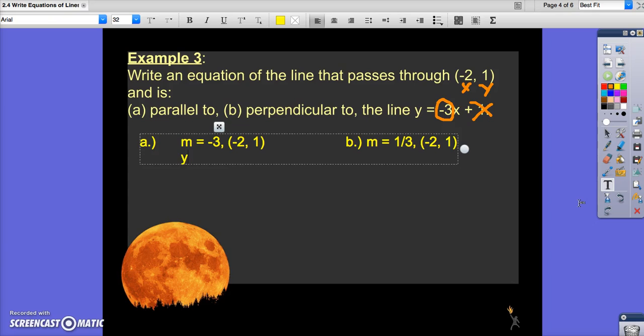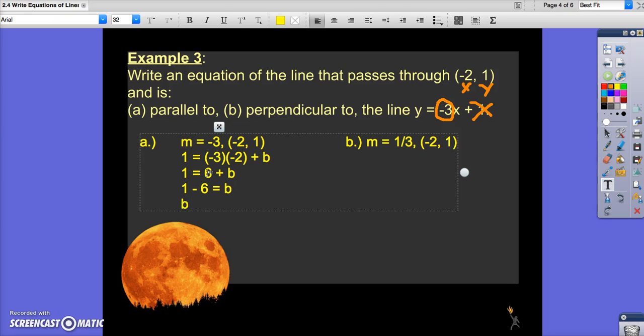All right, so let's plug everything in here. So we have y equals mx plus b. So I get 1 equals -3 times x plus b. 1 equals 6 plus b. 1 minus 6 equals b.